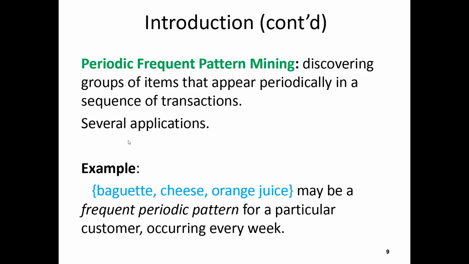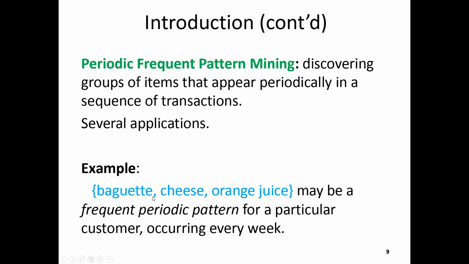Okay. So let me give you some introduction about periodic frequent pattern mining. There have been a few papers about this. The goal is to find a group of items or itemsets that appear periodically in a sequence of transactions. So we have transactions with time, and we want to find some patterns that repeat themselves over time, many times. It has various applications.